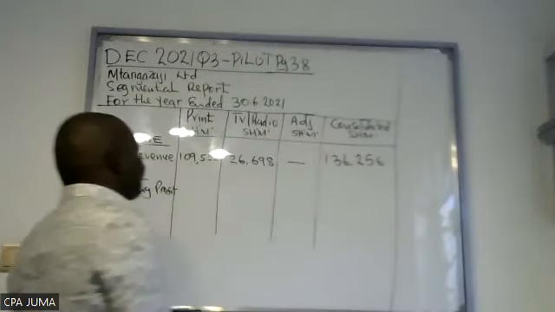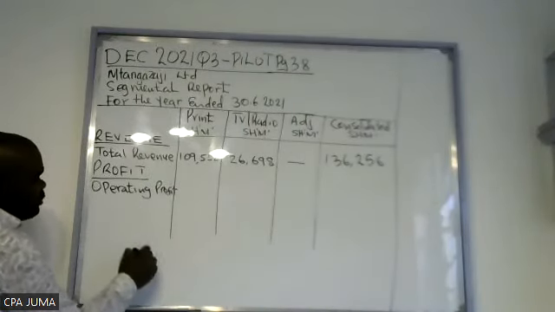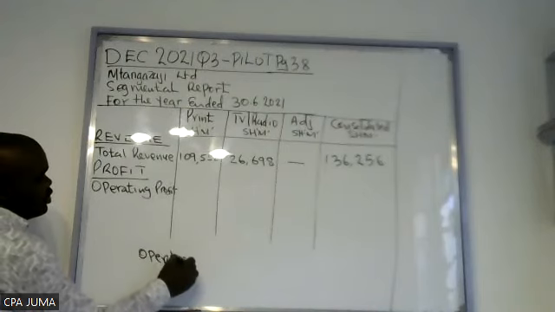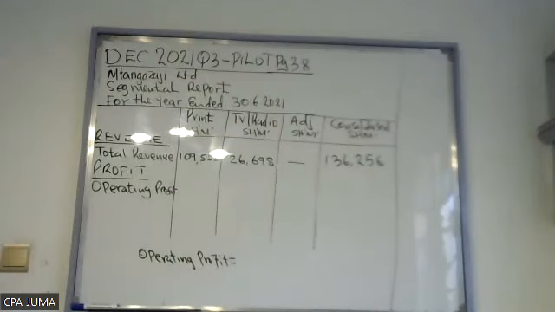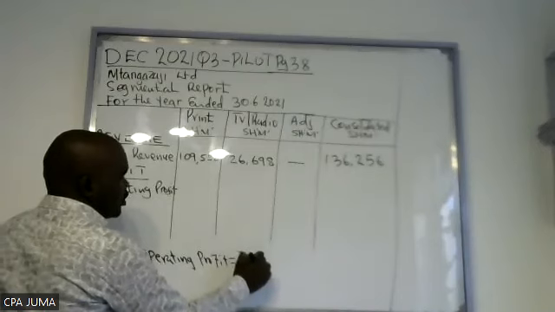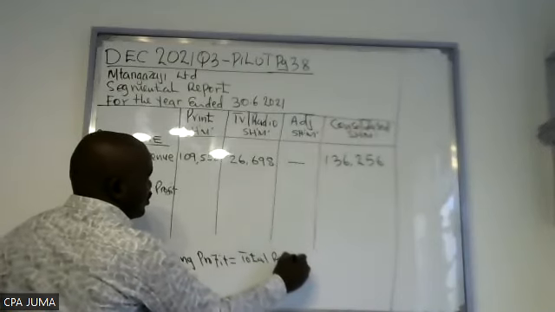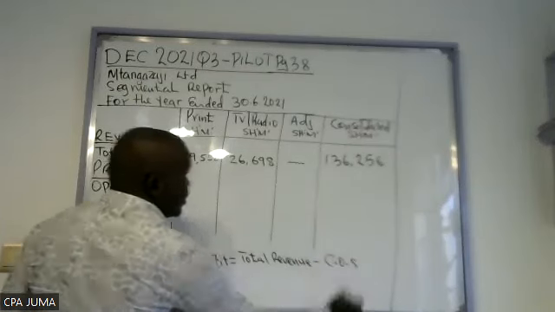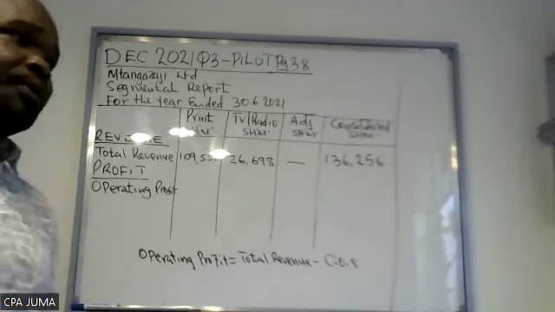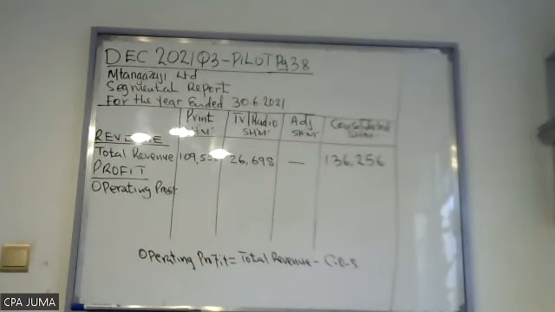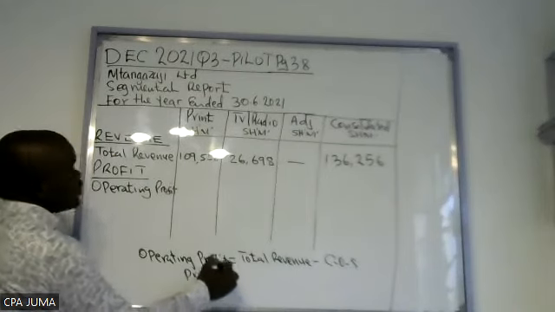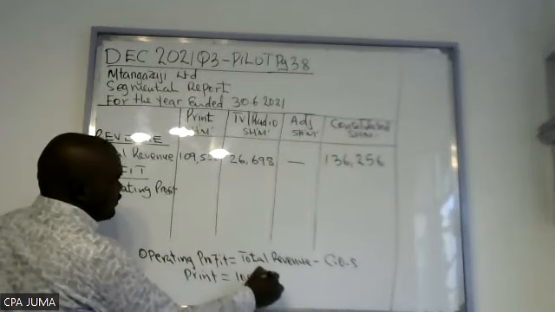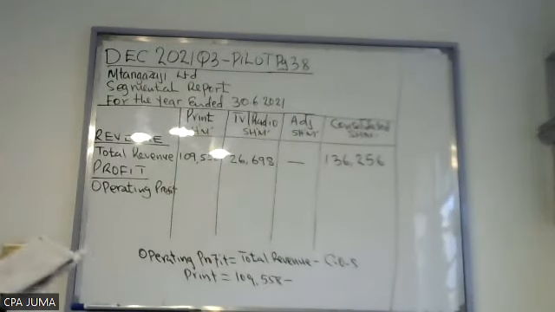So you will say operating profit is equal to total revenue minus the COS. COS is the cost of sales. For print it will be 109,558 minus the cost of sales, which for print is 16,908.